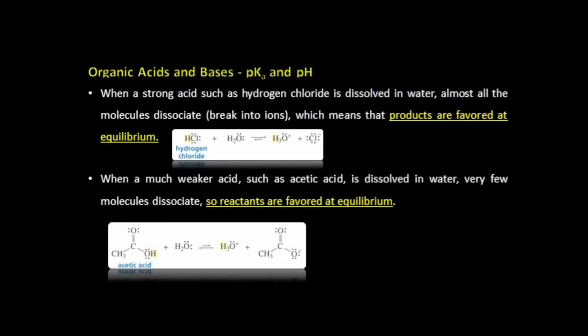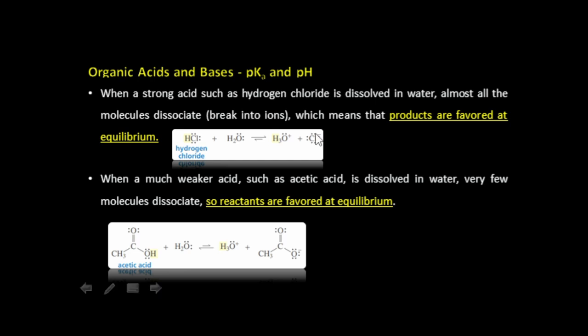Okay. Now we'll move to organic acids and bases, particularly the pKa value and pH value. Before going to pKa, we must understand the equilibrium concept. See the first reaction: when a strong acid such as hydrogen chloride is dissolved in water, it dissociates, or ionizes, or breaks into ions.